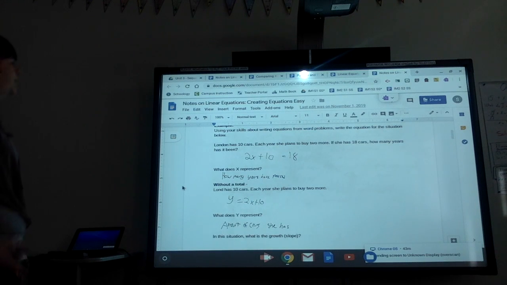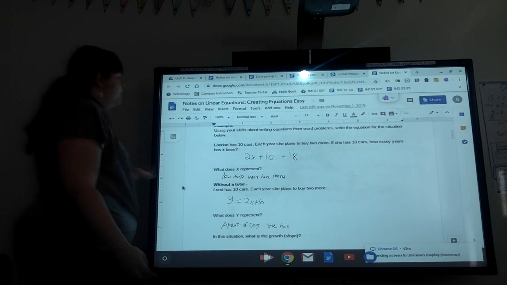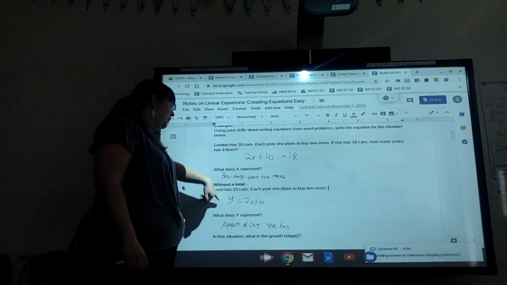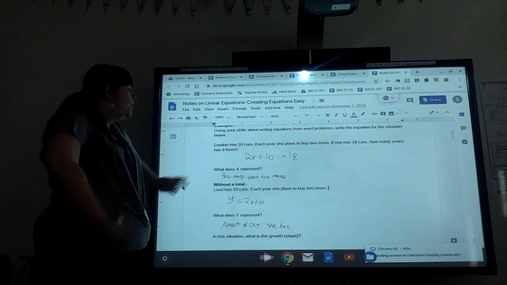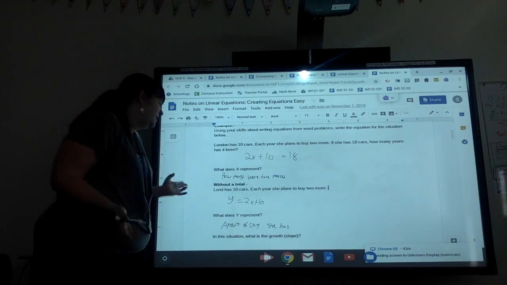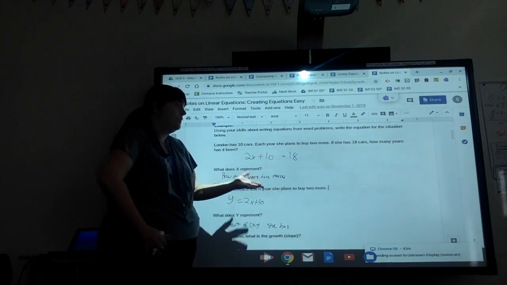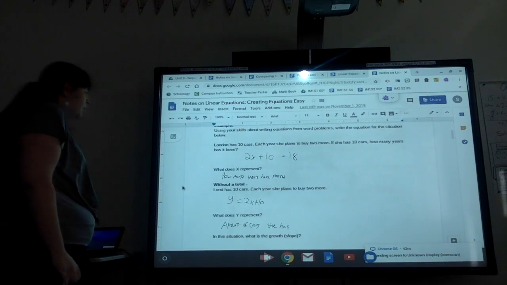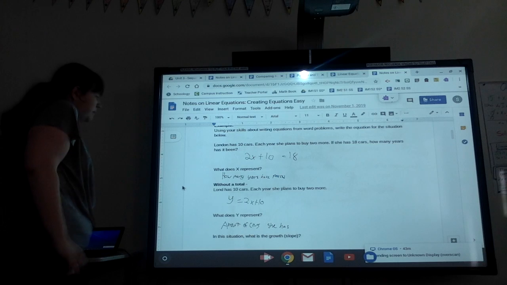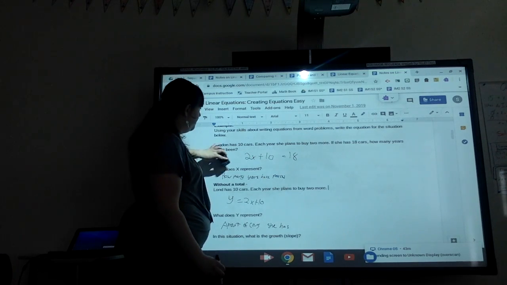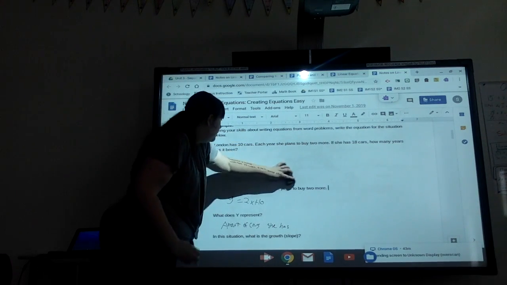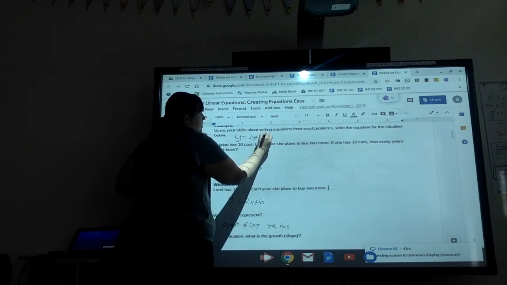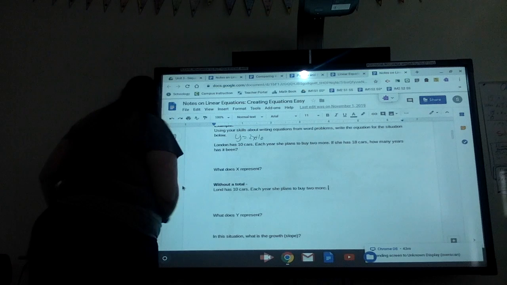So if I said after 3 years, well, remember x was the year, so I'd put a 3 in there, and I'd solve it, and I'd figure out my y, and that would tell me how many cars she had. Or if I wanted to know after 5 years, I'd put a 5 into the x, and then I'd solve it, and then the y would equal how many cars she has. So I'm going to erase some of this, but I'm going to rewrite my equation up here, y equals 2x plus 10, so that I can scroll a little bit.